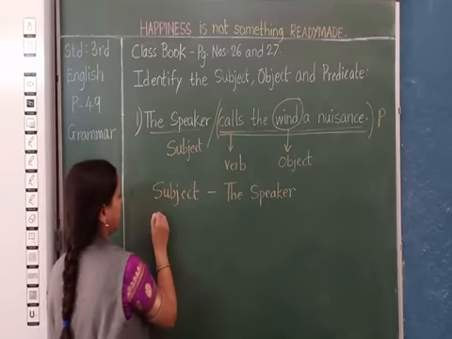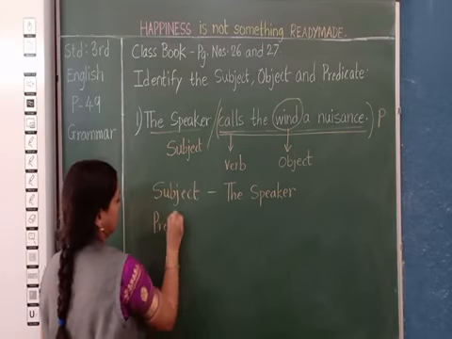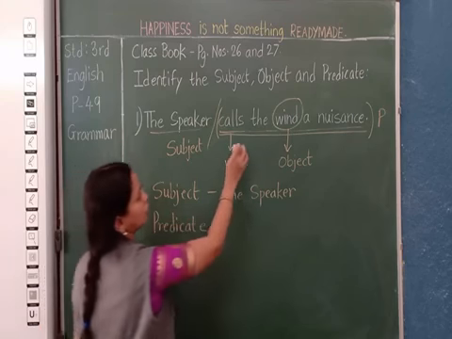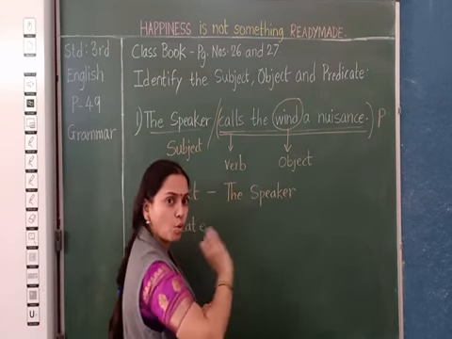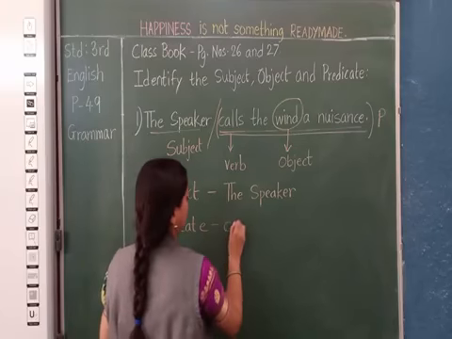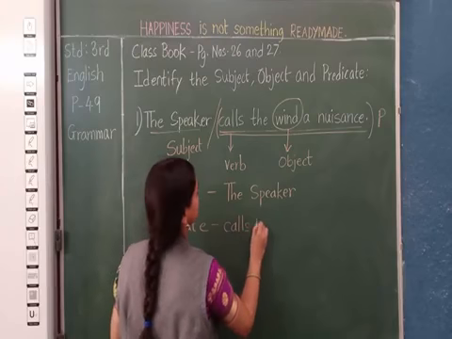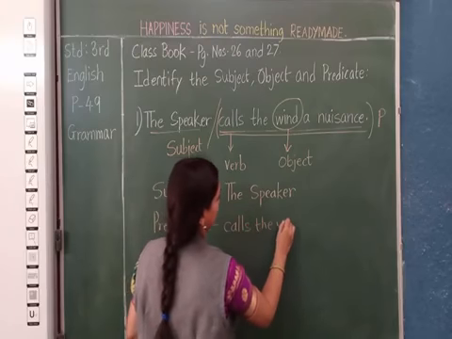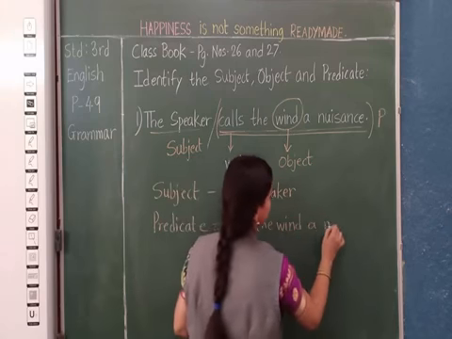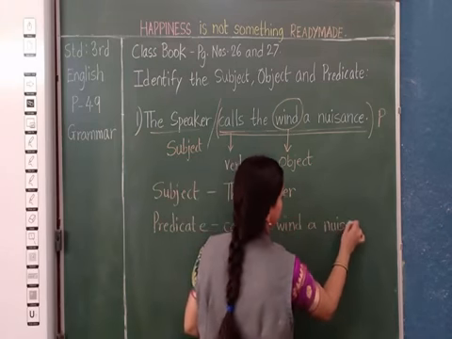What is our predicate? Calls the wind a nuisance. That whole thing is included in predicate.